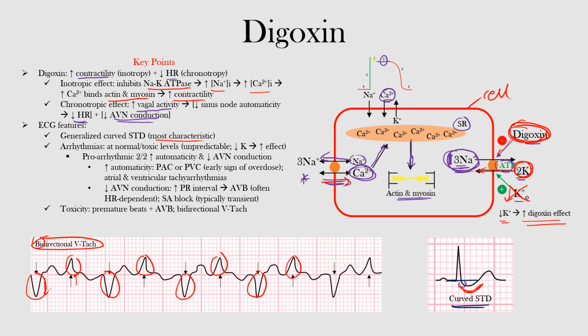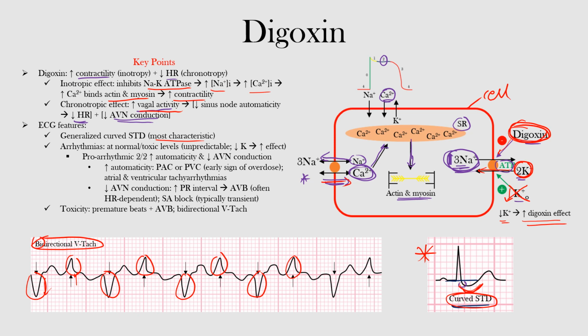Now, the chronotropic effects come from an increase in vagal activity. Remember, this vagal or parasympathetic activity acts on the sinus node, which can lower the heart rate. It can also act on the AV node, which decreases AV nodal conduction. In terms of the EKG, we said the most common characteristic feature is this generalized curved ST depression, which we saw here. This is one you don't want to forget.